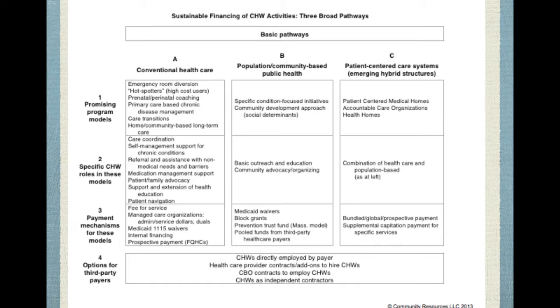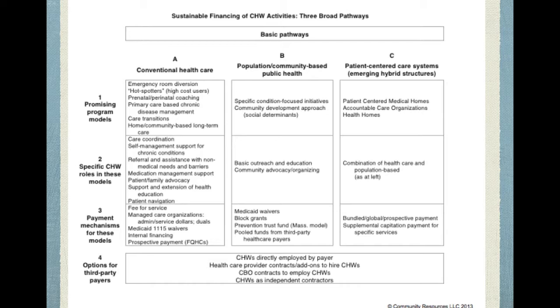Row 4 cuts across all 3 columns and serves as a reminder that in most of these forms and methods of payment, community health workers can be employed in a number of different ways, either directly by the payer, by a provider in the healthcare system through contracts or supplemental payments, through contracting with community-based organizations, or through contracting with community health workers as individual contractors or as CHW-owned cooperatives.